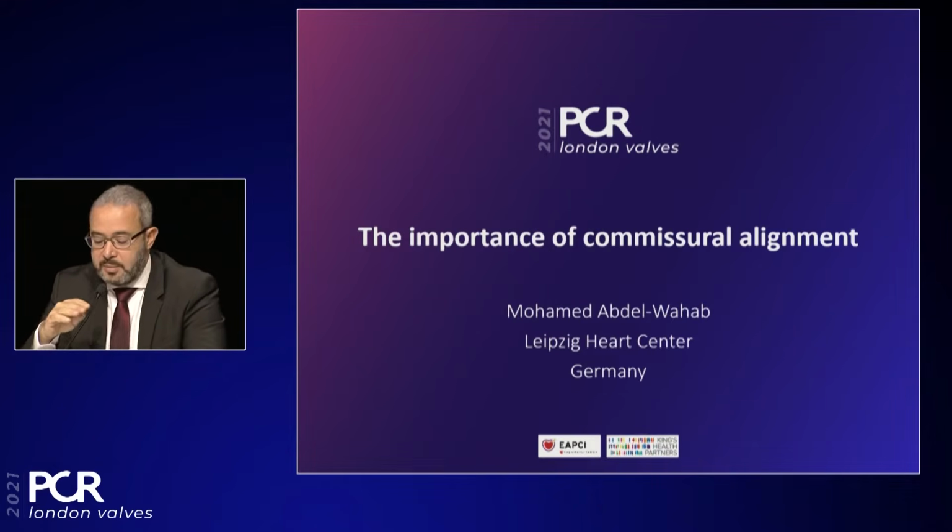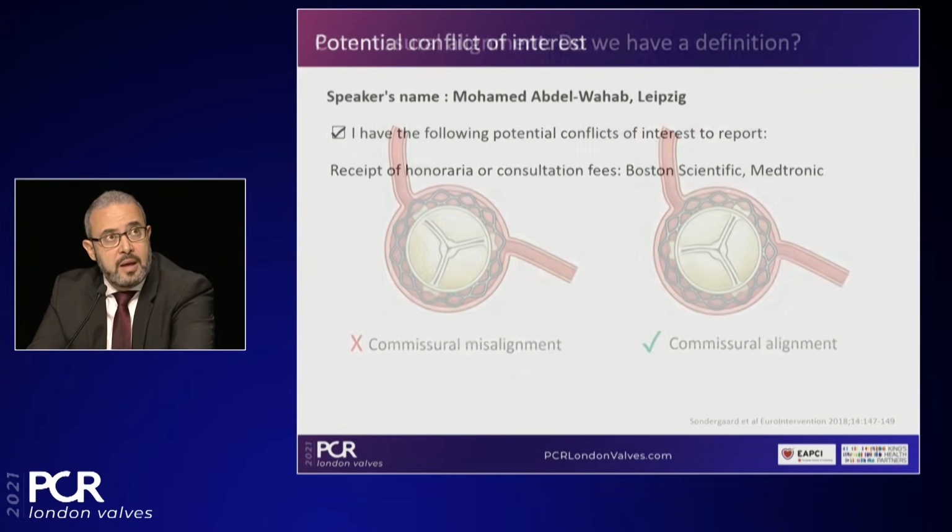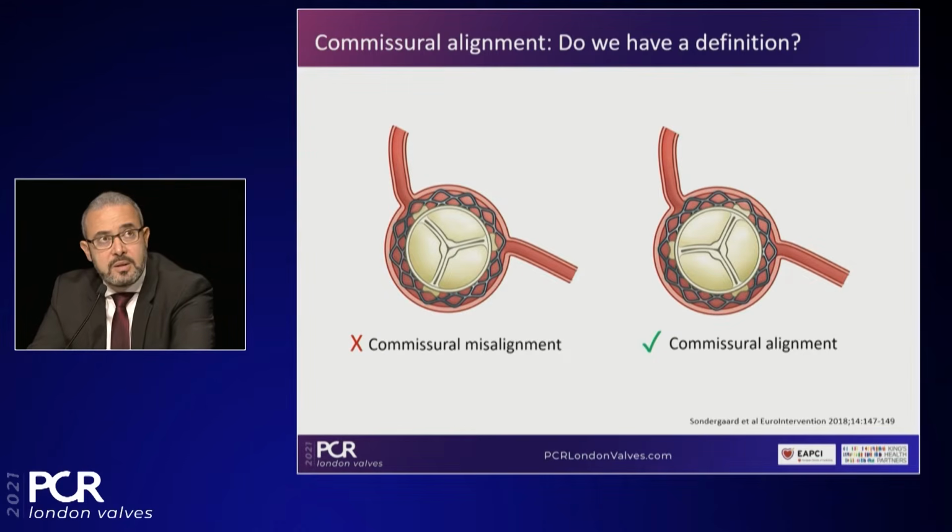So we talked a little bit about the concept of commissural alignment. And we learned also from this beautiful cartoon, now a very famous one from Lars and his group, what is meant by commissural alignment.